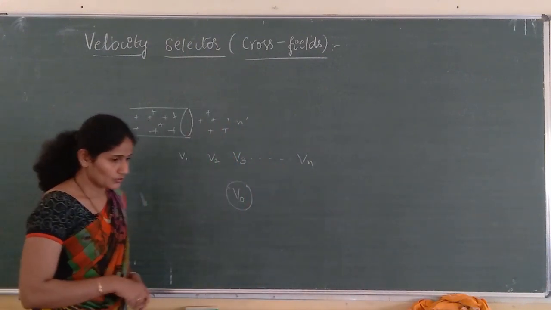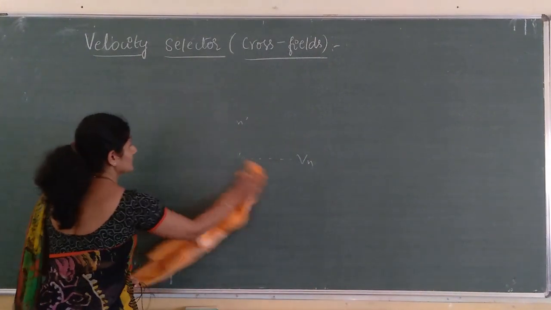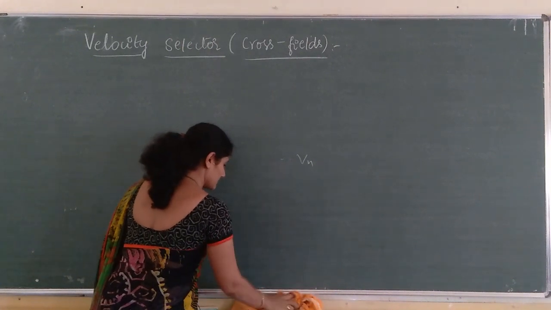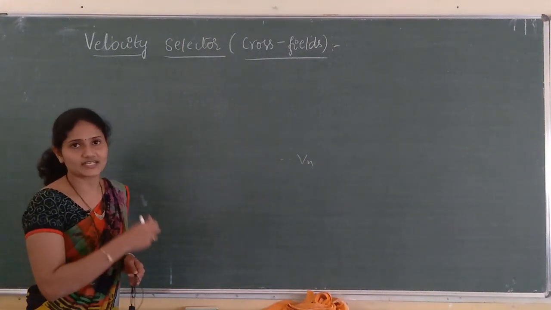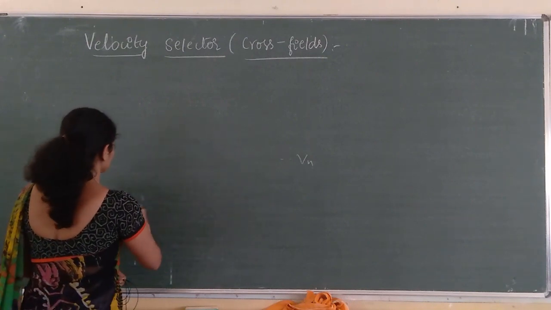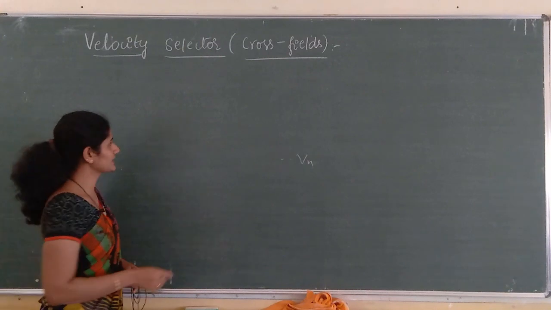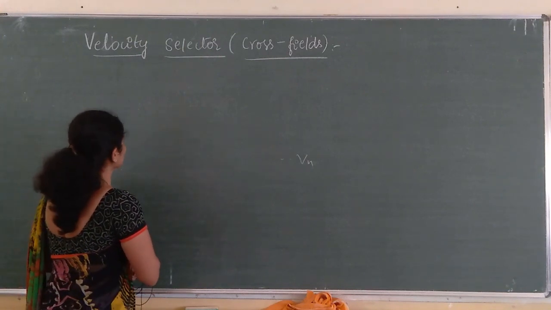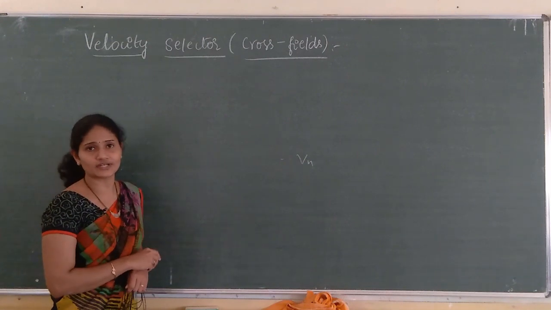So we need both fields to select a charged particle of desired velocity. How to create the electric field or the magnetic field?